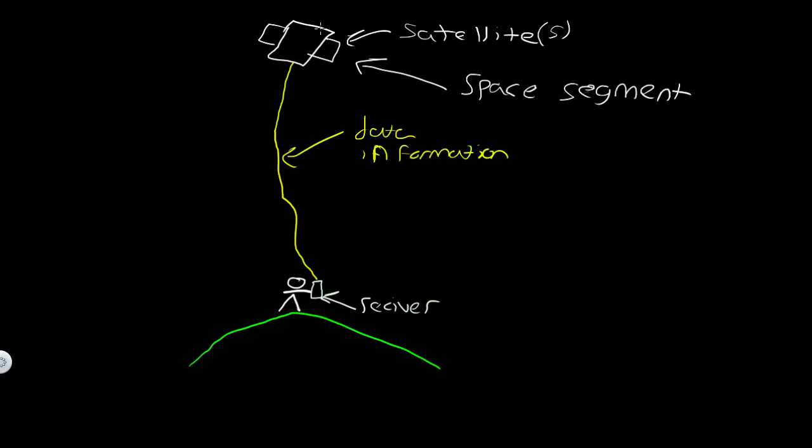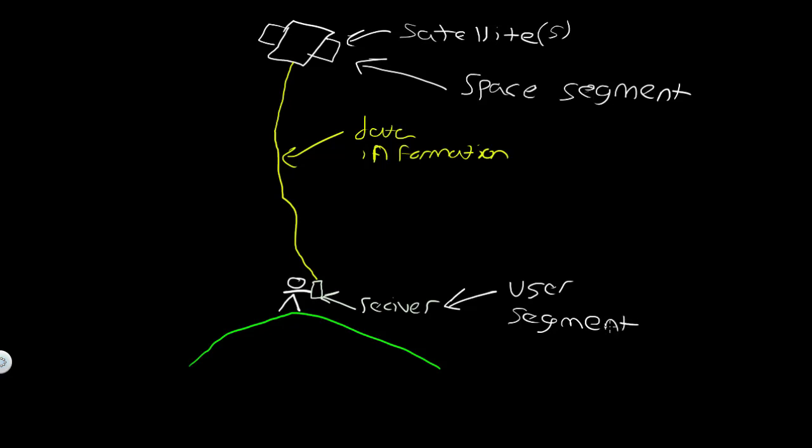The satellites, the stuff that's orbiting the Earth, these are called the space segment. The receiver, you holding the receiver, we typically call this the user segment. And that's the part we typically think of.